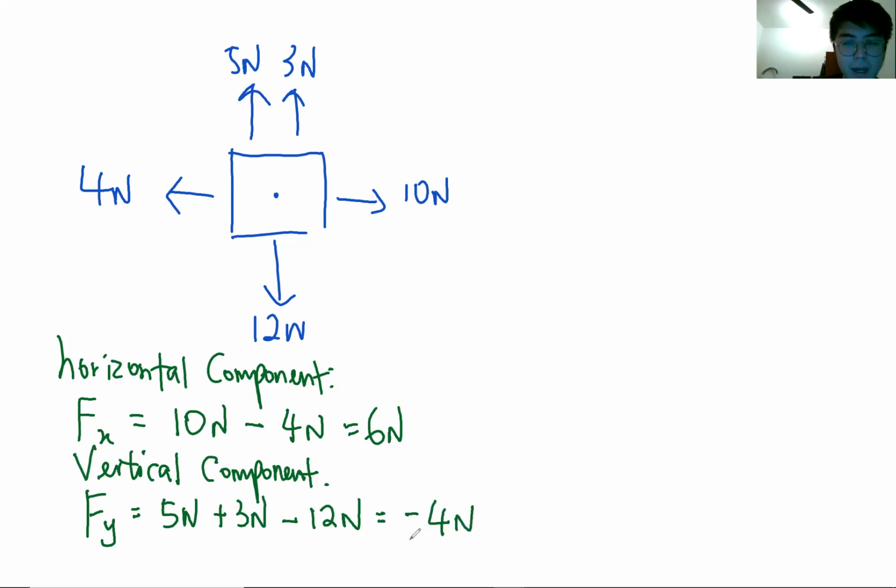So this is acting down, and this is acting to the right. Now, after you find the horizontal and vertical component of forces, then you draw it out clearer, you can see. So this one, it becomes like this.